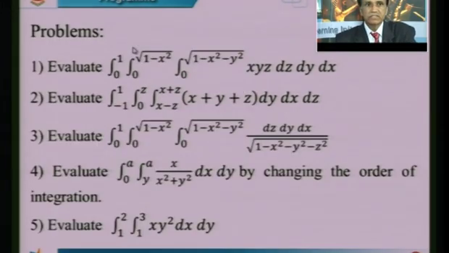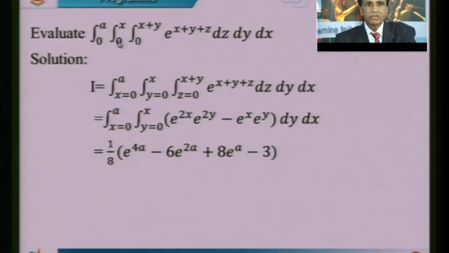In this case, the first integration should be with respect to z, the second integration with respect to y because x appears in its limit, and the third, outermost integral, 0 to a, takes the remaining variable. Here z is for the innermost integration, then y, and finally 0 to a should be with respect to x.